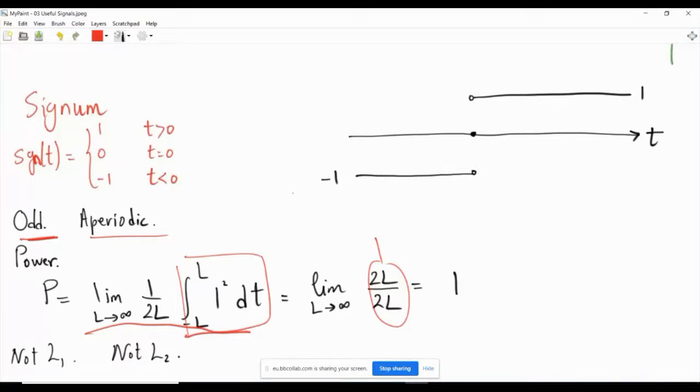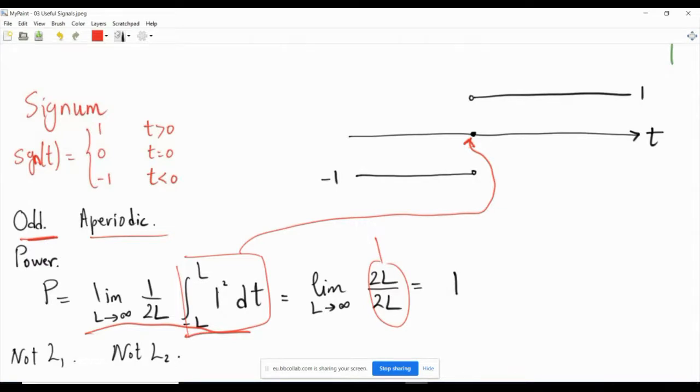Of course, I do not need to mention that the fact that it is 0 at a single point, t equals 0, is irrelevant to integrals. Integrals are insensitive to things happening on sets of measure 0. So the fact that the function is 0 at t equals 0 instead of 1 is nothing from the point of view of an integral, because a point is a set of measure 0.